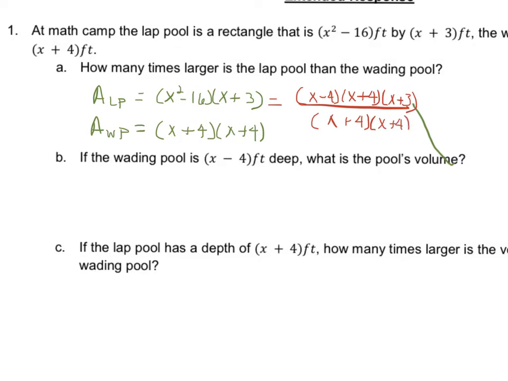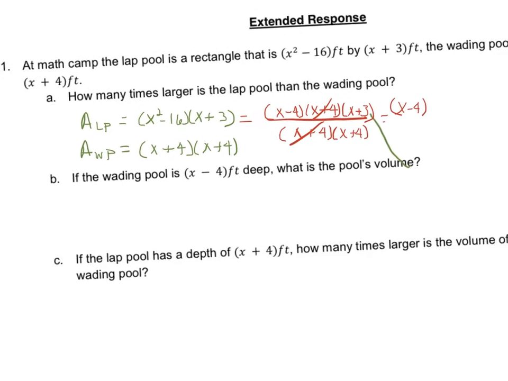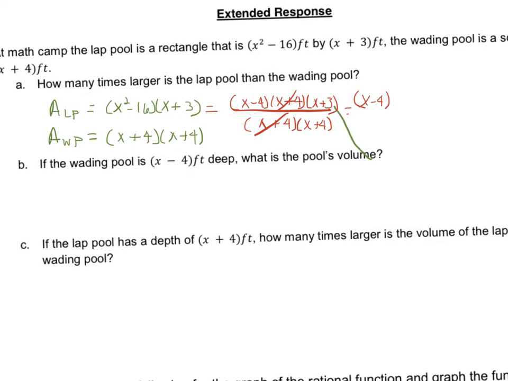And we can see the x plus 4's cancel. And so it is x minus 4 times x plus 3, sorry, all over x plus 4. Not a very pretty answer, but the division tells us that.